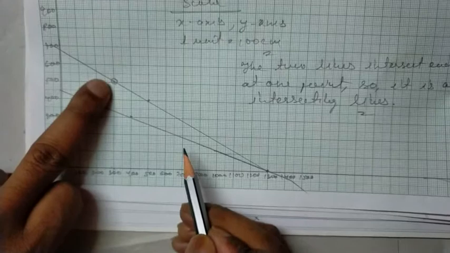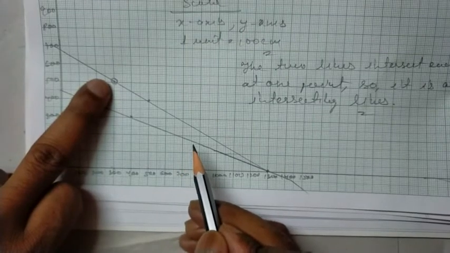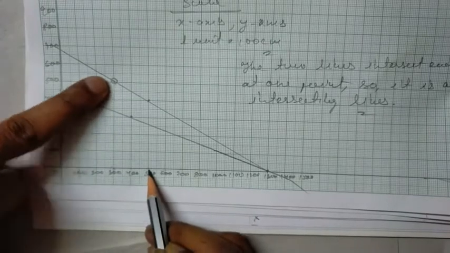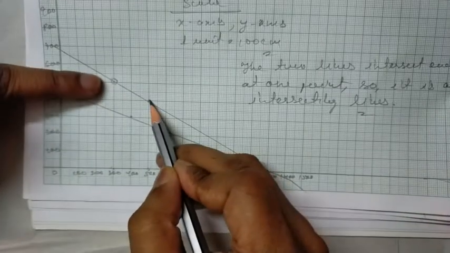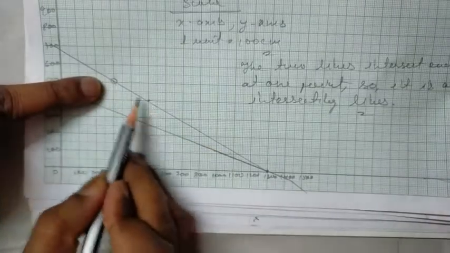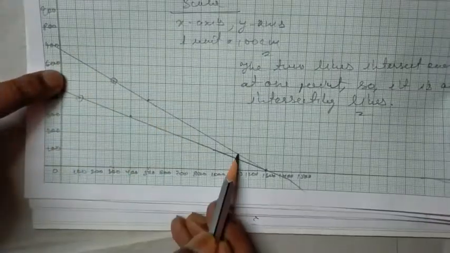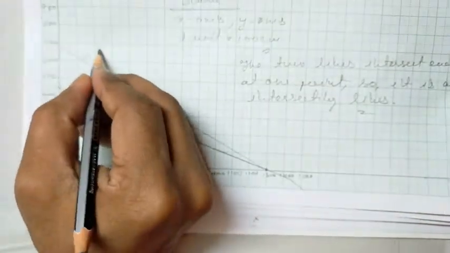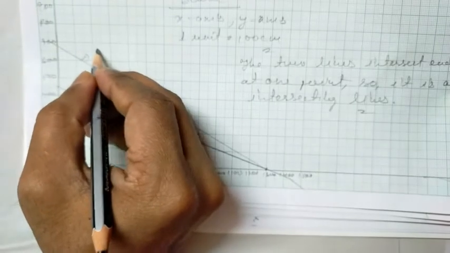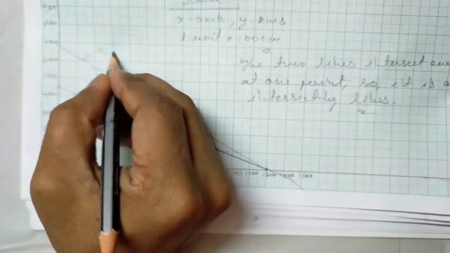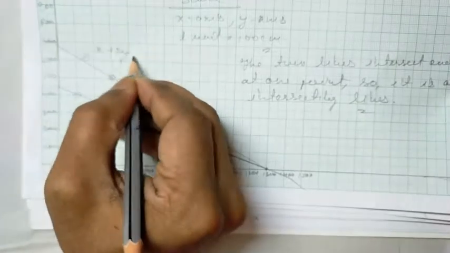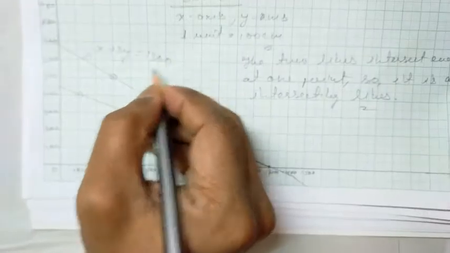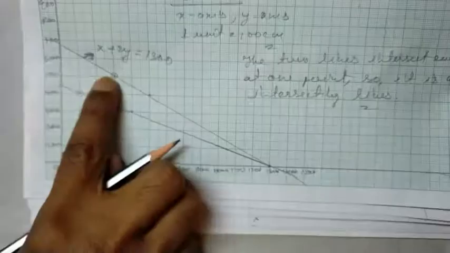Again, the second point: x is 500 and y is 400. Over here. So these two points will be joined in a straight line. This line comes from the equation x plus 2y is equal to 1300.